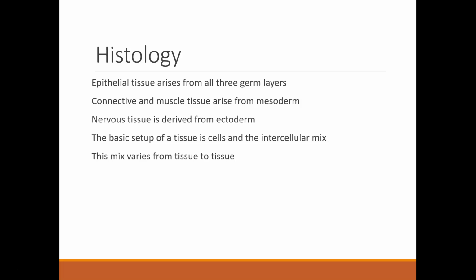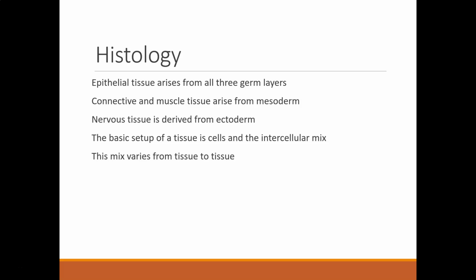When we look at tissue, if we remember the hierarchy we took, remember it went from chemicals to cells to tissues to organs to organism, we can basically say that the setup of a tissue is predicated on the type of cells that it has, so it's cells, and the material that we find in the mix between the cells.